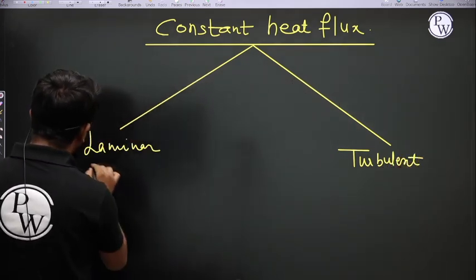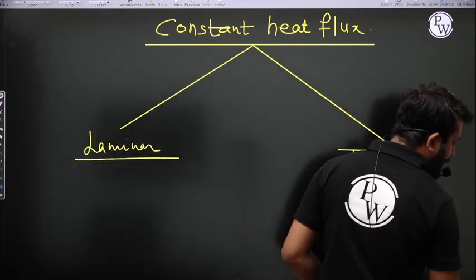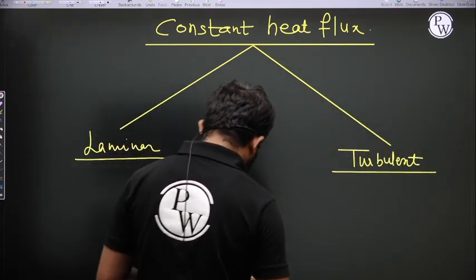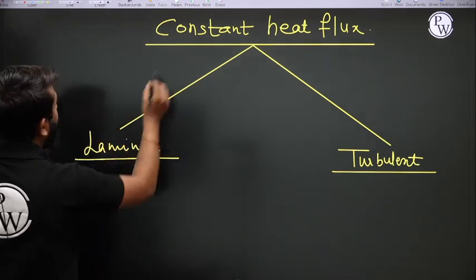So if flow is laminar, see, the dependency will not change. So what changes? Only this factor.